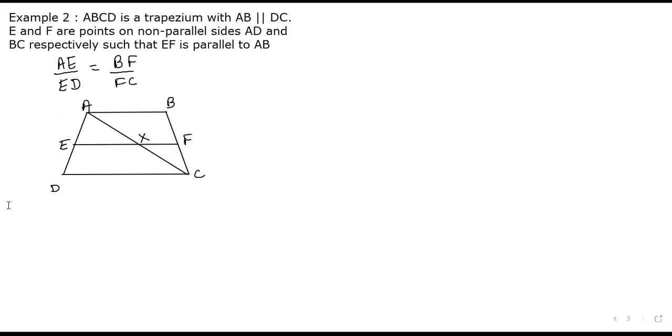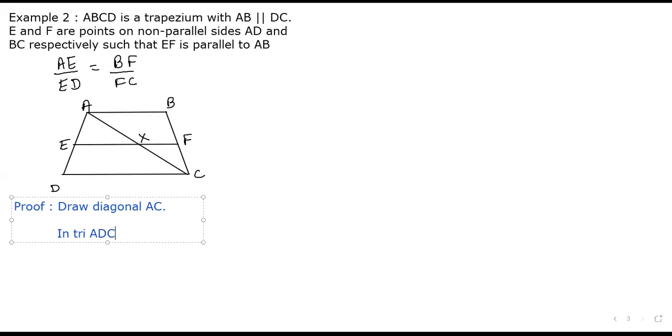Chalo, start writing the proof again. I hope we have understood this part, children. So proof. What are we going to write? Draw diagonal AC. And now in triangle ADC, what should I write?